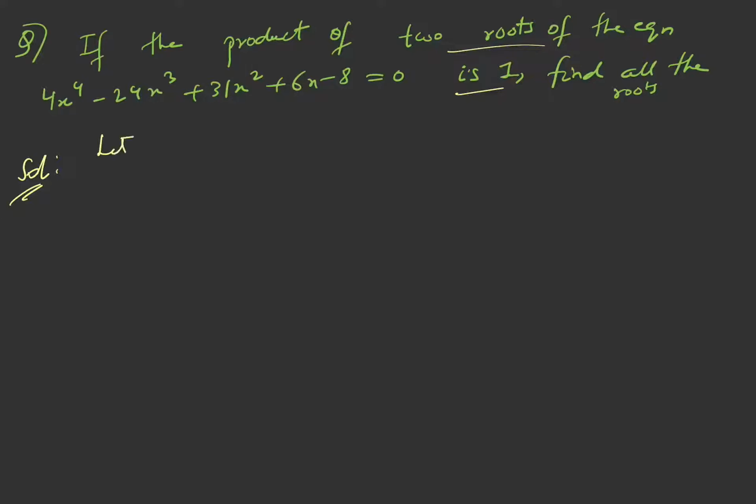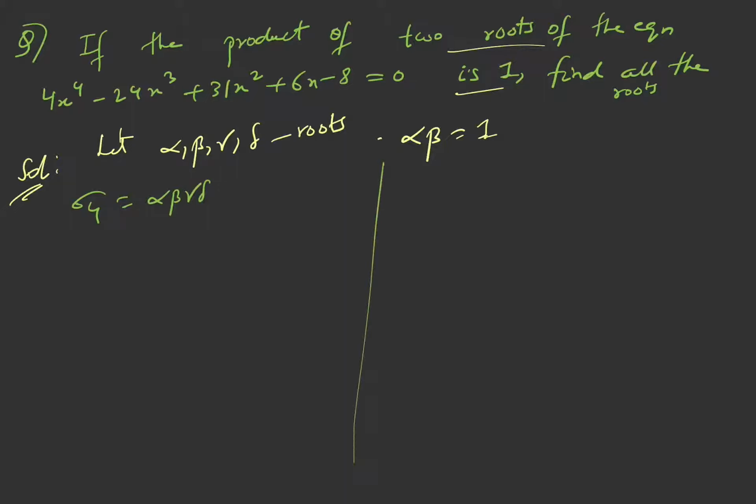So let alpha, beta, gamma and delta be the roots, right? And let us say alpha beta is 1. It is given that the product of two roots of the equation is 1, so let us take alpha beta equal to 1. Fine. So yes, we know that sigma 4 is alpha beta gamma delta, right?